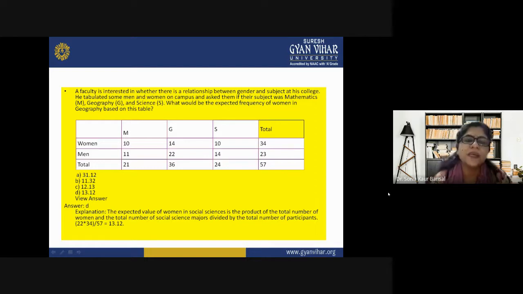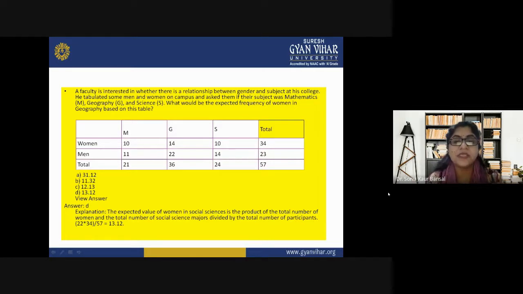He tabulated some men and women on campus and asked them if their subject was mathematics, geography, or science. You can see from the table that the faculty member has studied this: mathematics, geography and science subjects, women and men. What would be the expected frequency of women in geography based on this table?